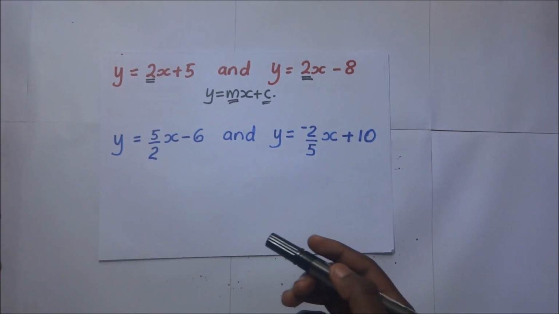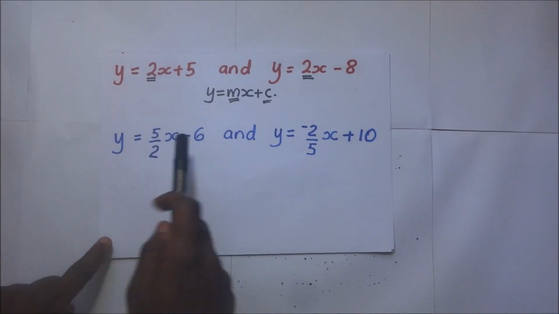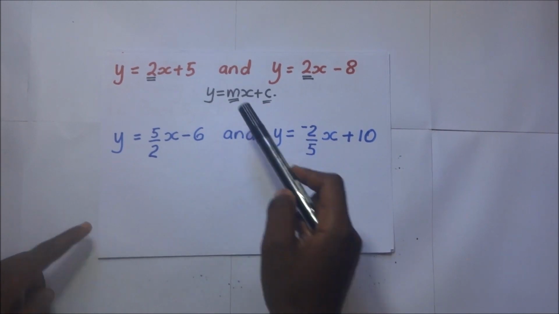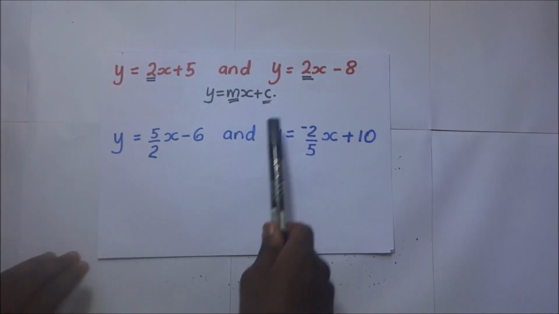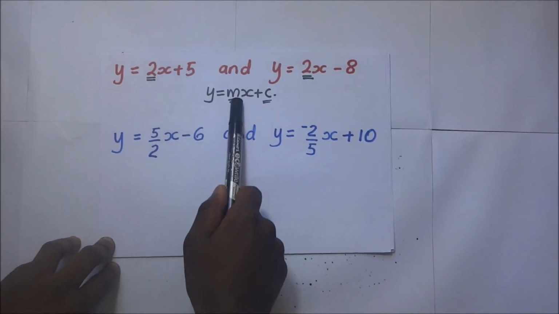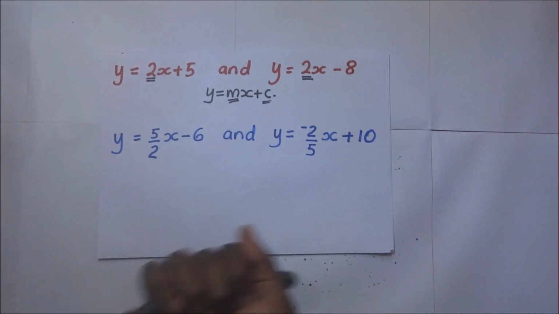They are just changing the signs. For example, the value of m is 5 over 2, and the value of m for this one is -2 over 5, or by value of m I'm talking about the slope, the gradient of the line. Now, in this first case, when the value of m is the same, it means that these 2 lines are parallel.